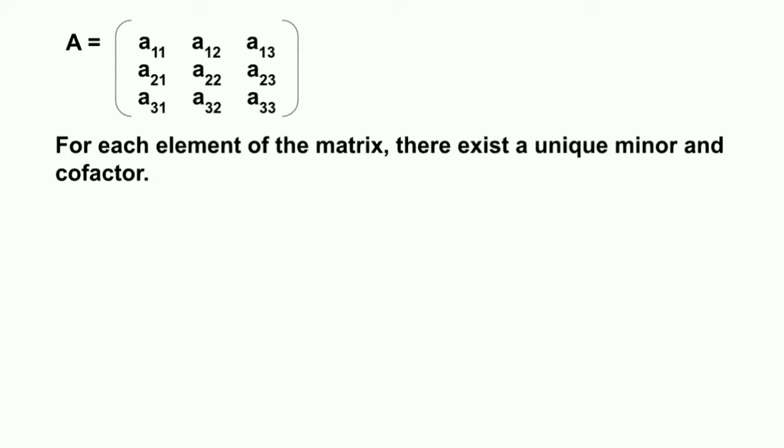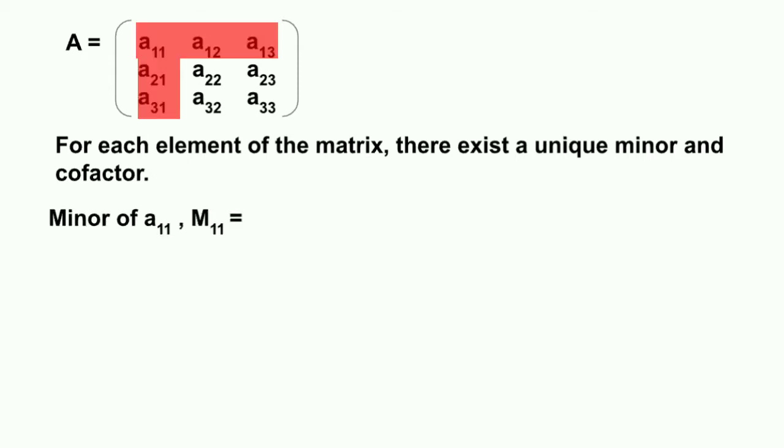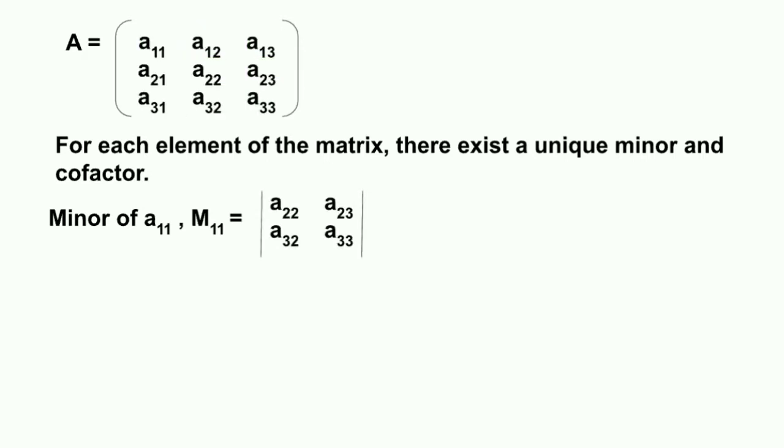The determinant of the remaining elements is called the minor of that element. For example, to find the minor of A11, we neglect these elements. Then we find the determinant of A22, A23, A32 and A33, which is nothing but the difference of their cross multiplication. So it is equal to.